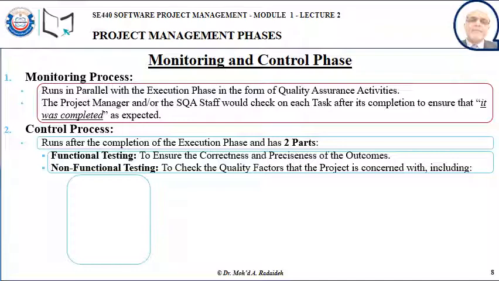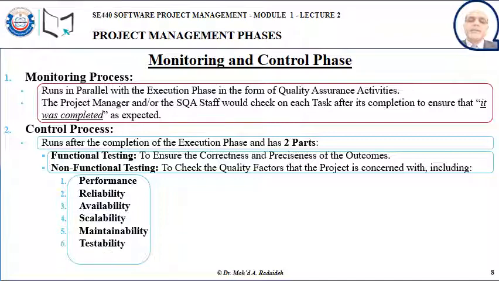The non-functional testing has to do with the quality factors, where we measure each quality factor using the quality metric specified for that factor, and the results should be as wanted. Such factors would include performance, reliability, availability, scalability, maintainability, testability, safety, etc. We will come to these later on in more details.